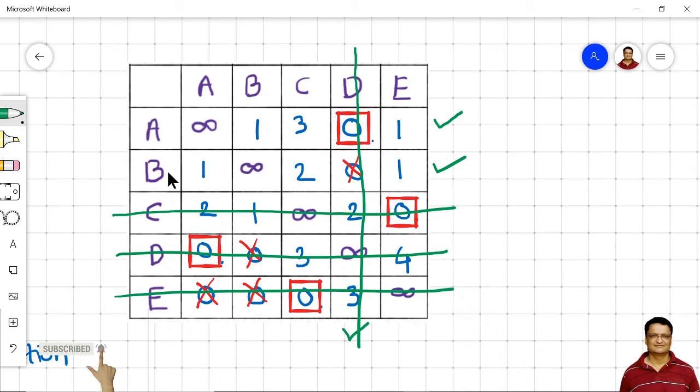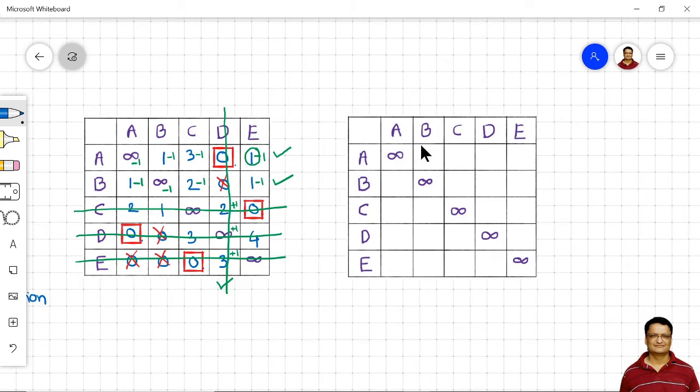The smallest element is 1, and we have to subtract this element from all the uncovered elements. So infinity minus 1, 1 minus 1, 3 minus 1, 1 minus 1, 1 minus 1, infinity minus 1, 2 minus 1 and 1 minus 1, and we have to add this element at the intersections. So this will become 2 plus 1, infinity plus 1 and 3 plus 1.